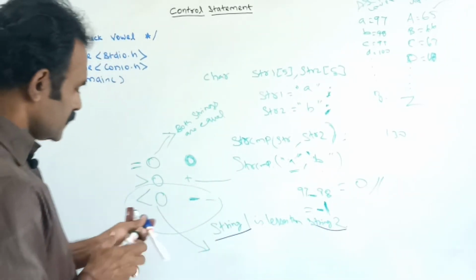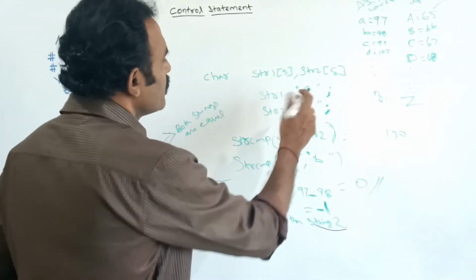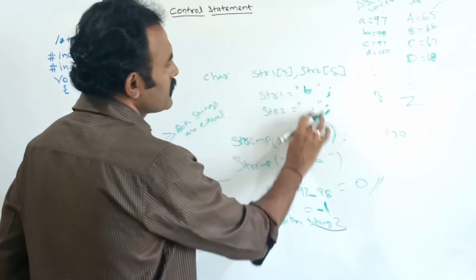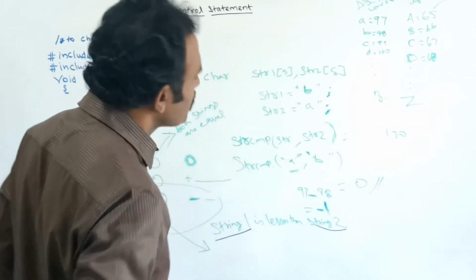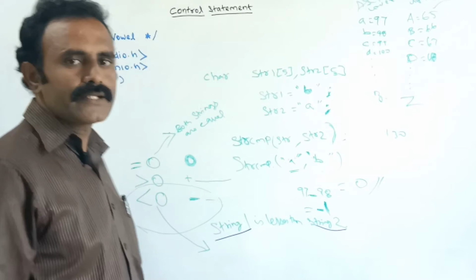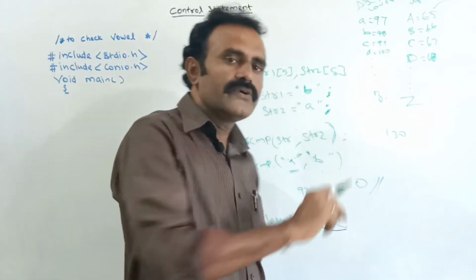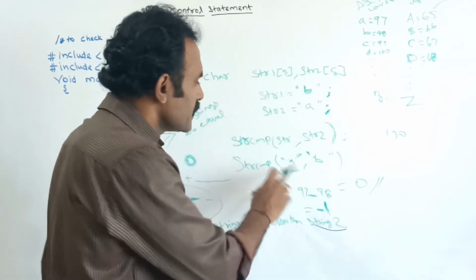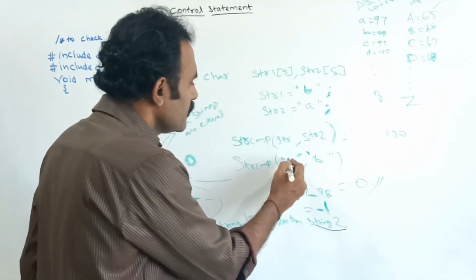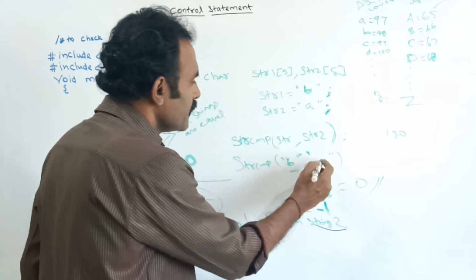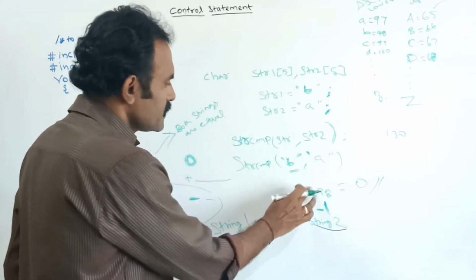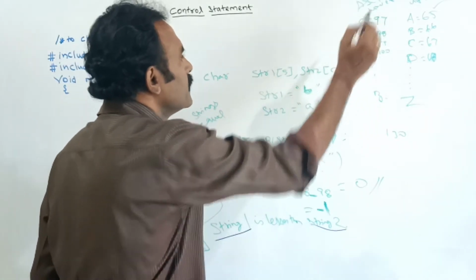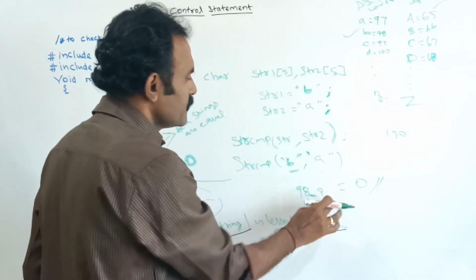Next, suppose you give the first letter as B and the second letter as A. In string 1 you are storing the letter B, and in string 2 you are storing the letter A. When we compare these two strings, string compare of B and A, string 1 is 98, because the ASCII value of B is 98. Now I am subtracting 97 from this 98.